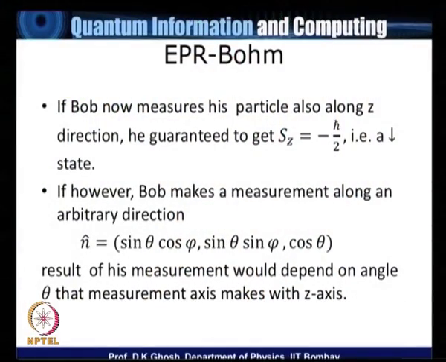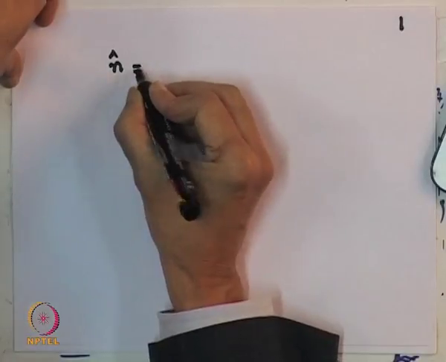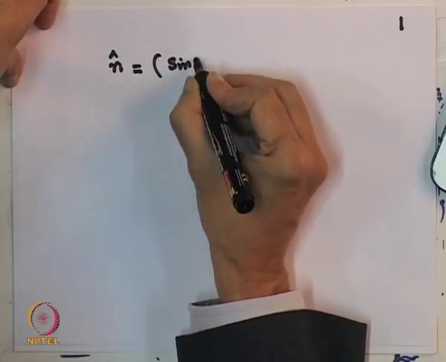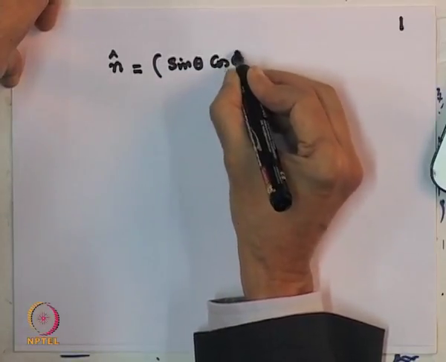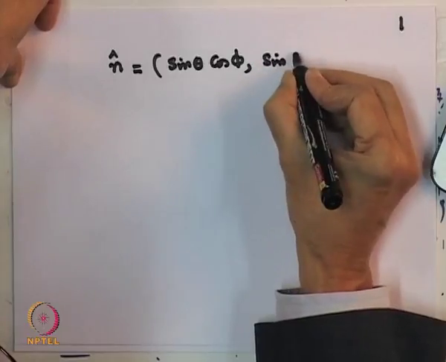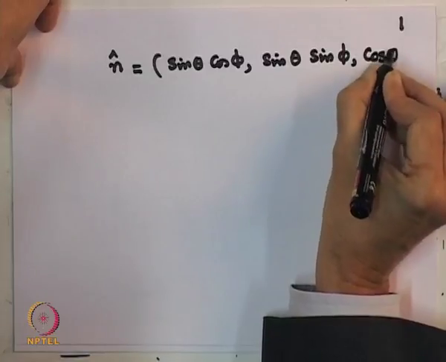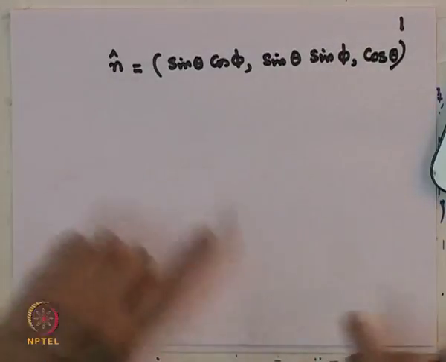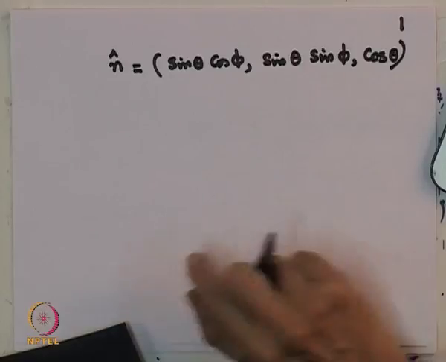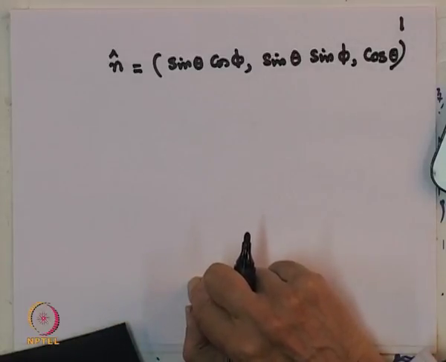So we have an arbitrary direction n, given by the Cartesian components sin theta cos phi, sin theta sin phi, and cos theta. We will show that though the anti-correlation is no longer perfect, in the sense that if Alice got +1, Bob would get -1 and vice versa, there is still some correlation between the two measurements.